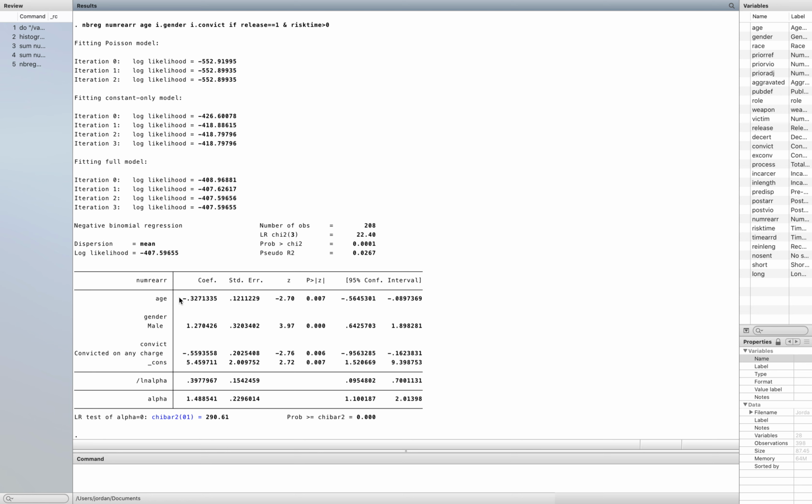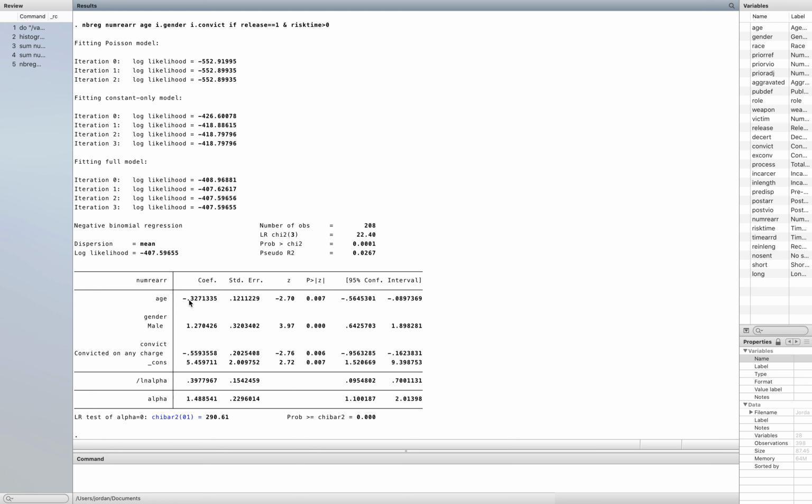So here you see age. The null hypothesis is that the coefficient for age equals 0. You see it is significant. 0 isn't contained in the confidence interval.